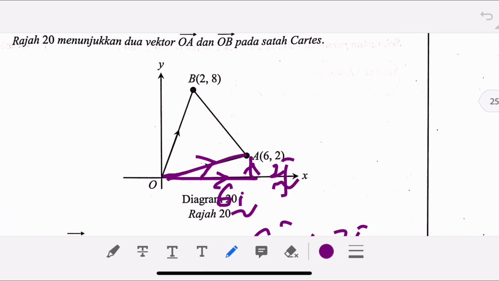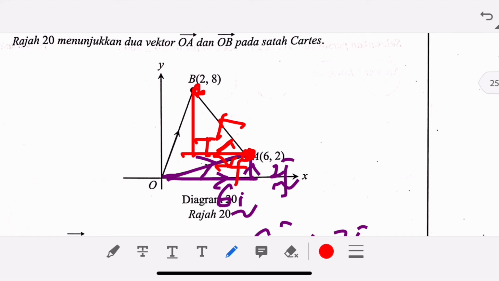Let's see how to write in vector column from A to B. So we have to work out the right angle triangle like this. Okay, it seems like it's moving to the left. From 6 go to 2, so it's moving 4 steps to the left, which is negative 4.